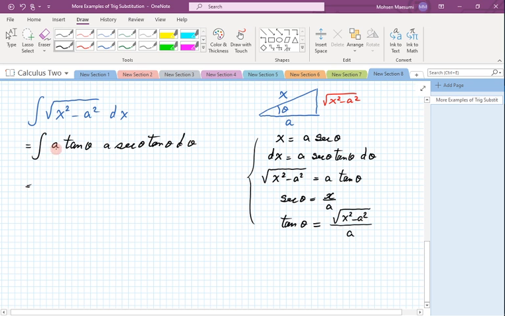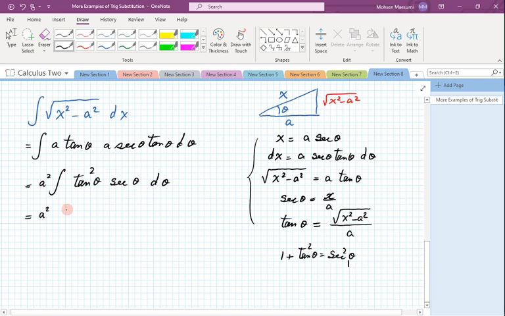Now let's combine it. A and A is an a squared, which comes outside. Then I have tangent squared and then times secant. Well, what to do now? You remember the basic trig identity that 1 plus tan squared is secant squared.